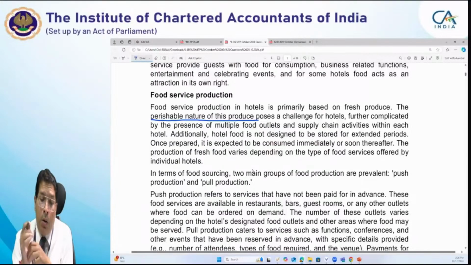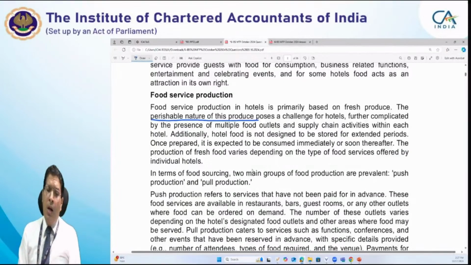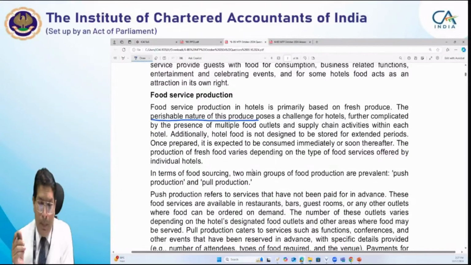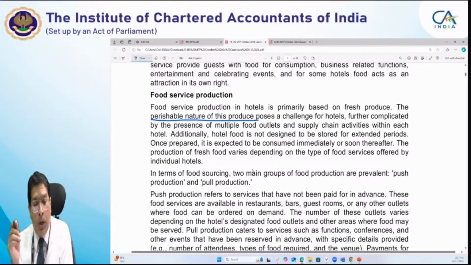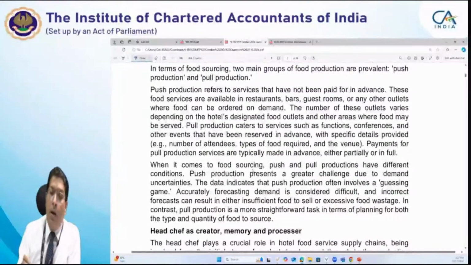The production of fresh food varies depending on the type of food services offered by individual hotels. In terms of food sourcing, two main groups of production are prevalent: push production and pull production.